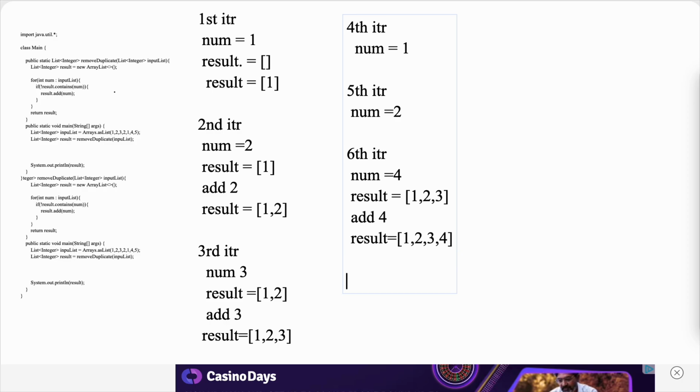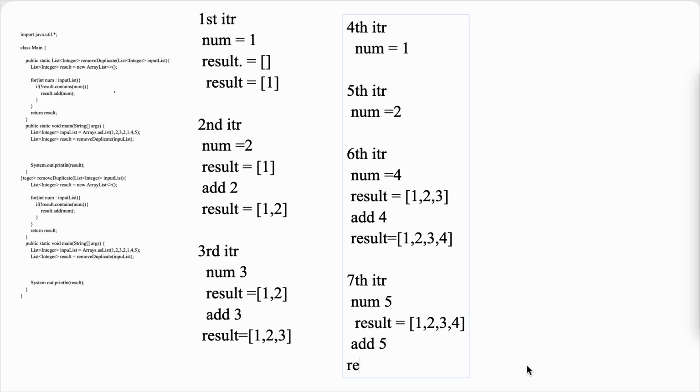Now we go for the seventh iteration, where num is 5. The previous result is 1 2 3 4, and we need to add 5. So our updated result is 1 2 3 4 5. This is our final output.